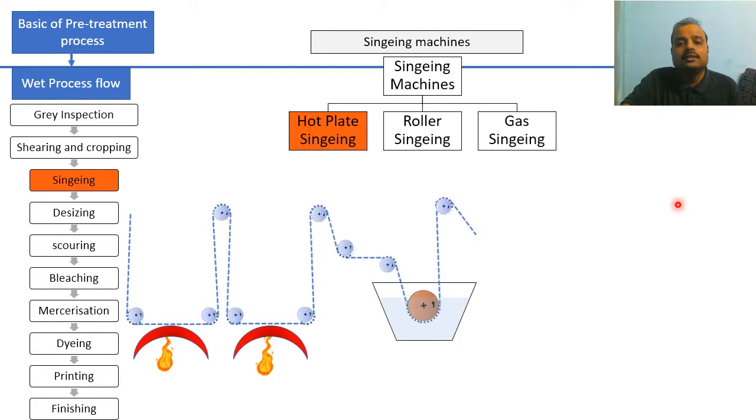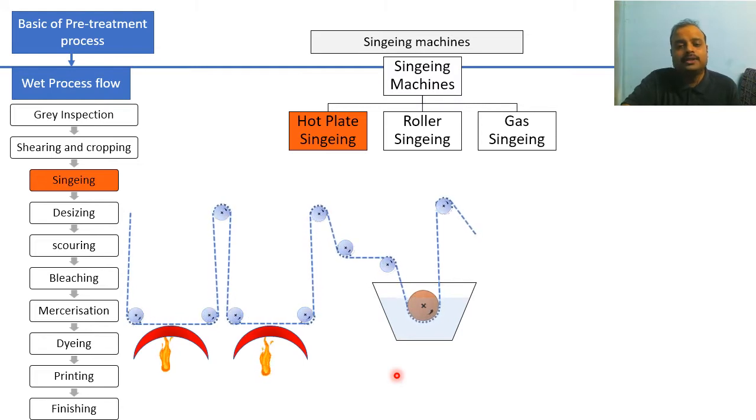Starting with hot plate singeing. Here you can see the line diagram of the hot plate singeing machine. You can see over here this machine has two hot plates. These are curved copper plates. The metal is copper. And why copper?